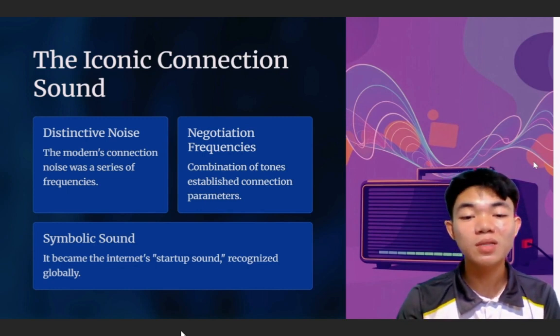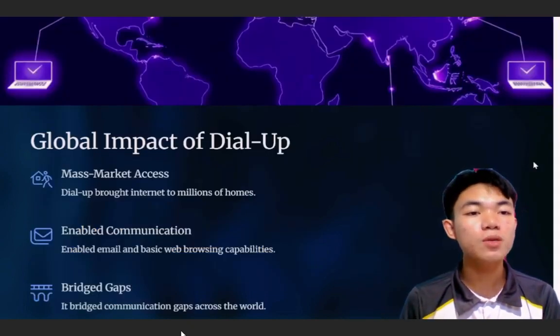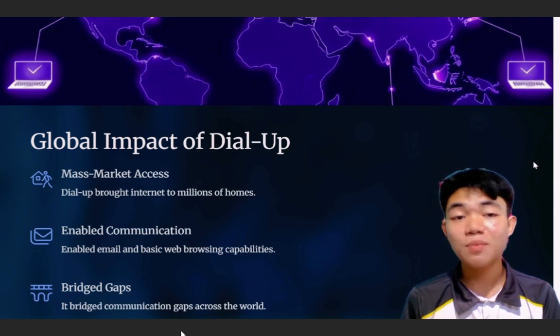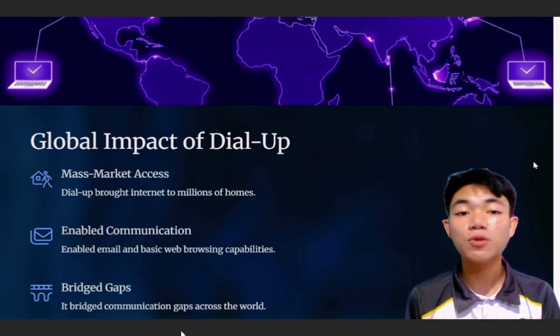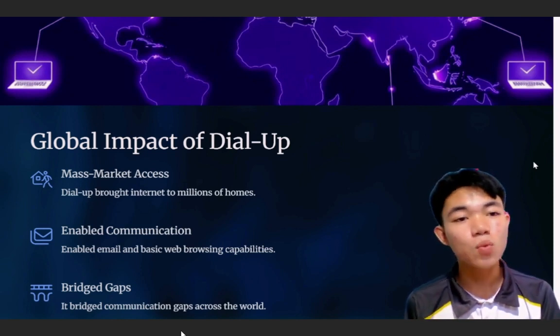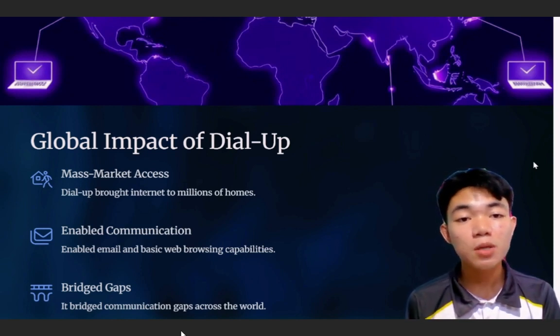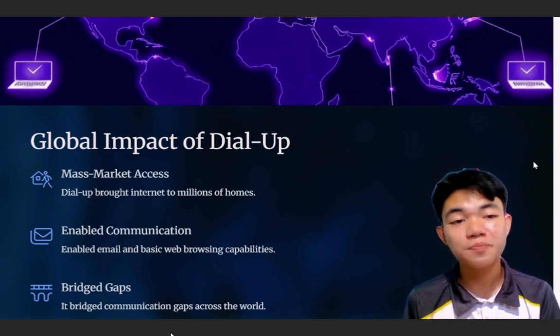So let's go to the global impact of dial-up. Dial-up internet was a major breakthrough, bringing the internet to millions of homes around the world. It enabled basic but revolutionary communication capabilities like email and web browsing, connecting people globally in new ways and enabling new forms of interaction.